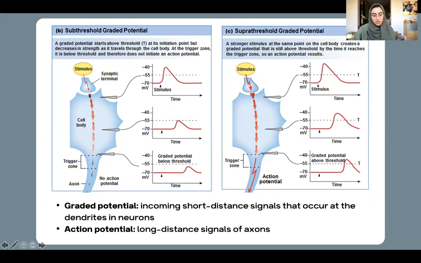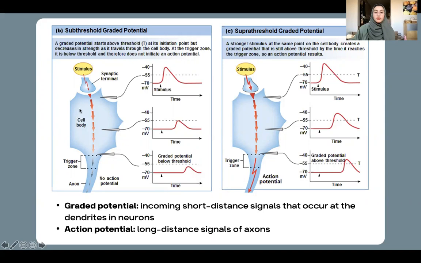So think of it like an echo, right? Or let's say you're yelling at your sibling to get you something, from the point where you're standing all the way across the room. If you whisper to them, hey, get me a glass of water, they're not going to hear you, right? But if you yell it at them, if the stimulus is stronger, then by the time it gets to the trigger zone here, it's still going to be above the threshold.